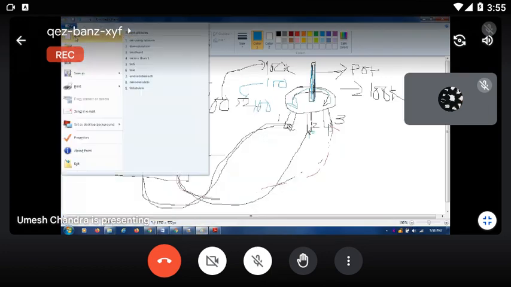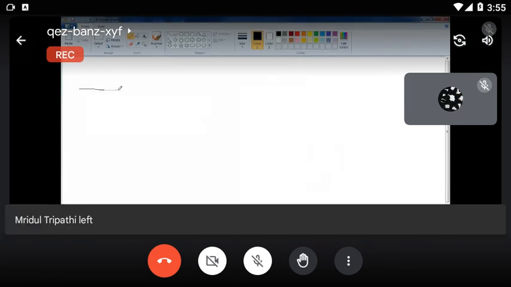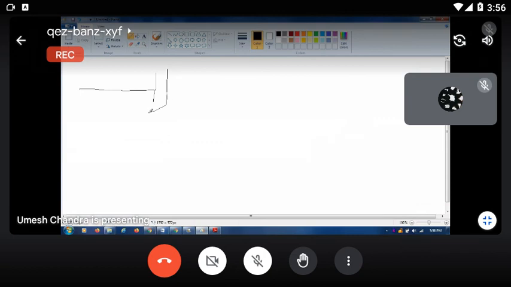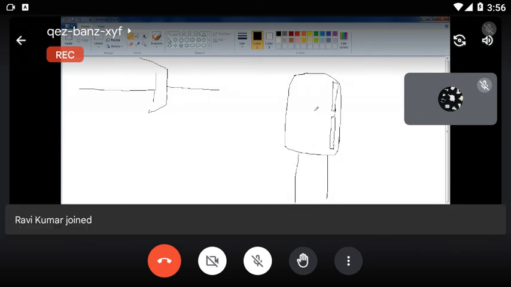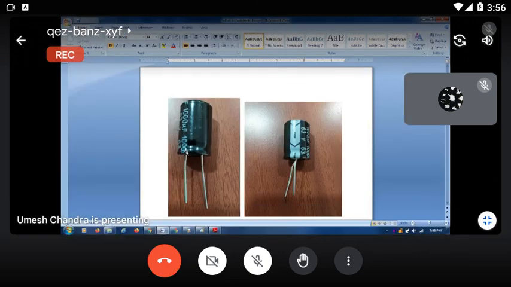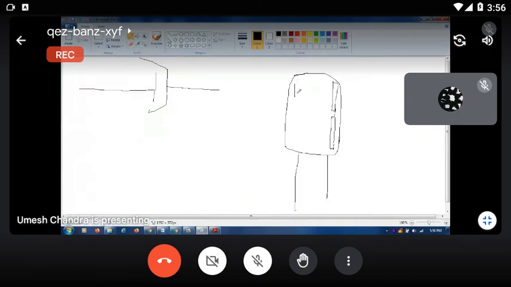But physically, this is the symbol of a capacitor, and this is the physical capacitor. Two pins. One pin is small, another pin is big. And here, 1000 microfarad, 63 volt, second figure. Just I write here 1000 microfarad, 63 volt.